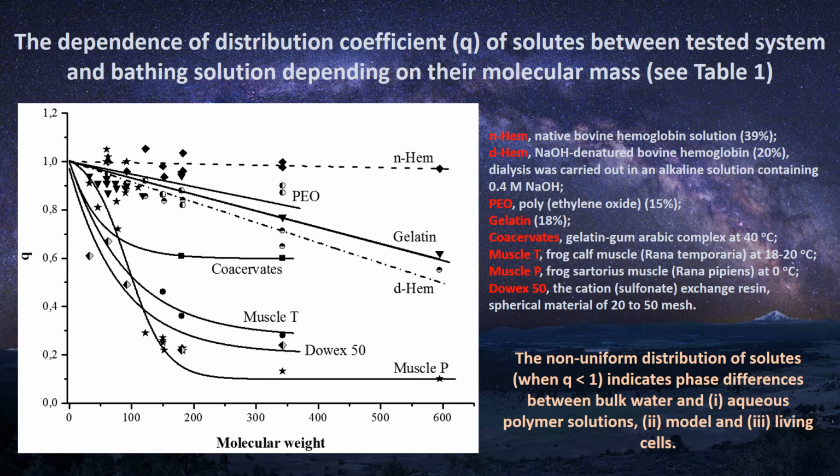the membrane contains. However, the comparison of the living muscle with coarser weights, Dowex resin, dialysis bags filled with polyethylene oxide, gelatin, and denatured hemoglobin shows that in all these cases the same physical factor acts.